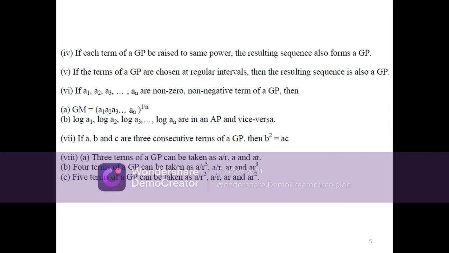The four terms can be taken as a by r cube, a by r, ar and ar cube. Similarly, the five terms can be taken as a by r square, a by r, a, ar and ar square.